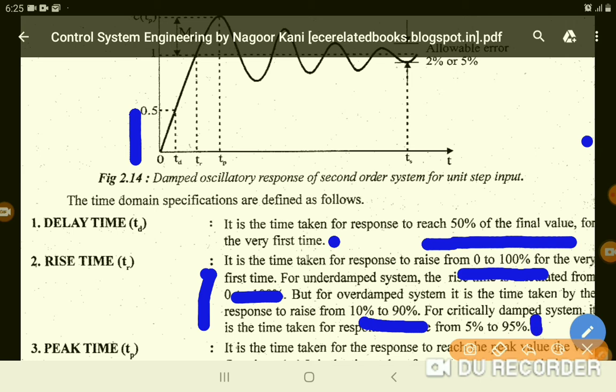For a critically damped system, 5 to 95%. But for the sake of rise time derivation, you have to take 0 to 100% for the very first time.